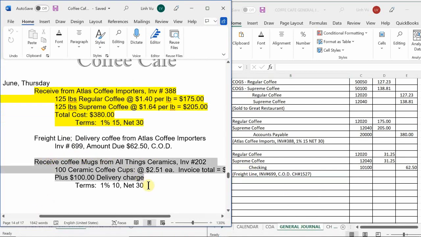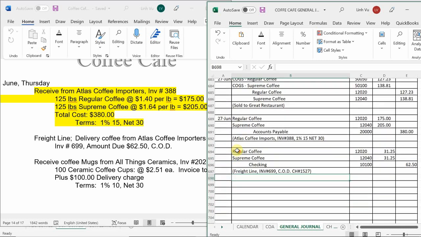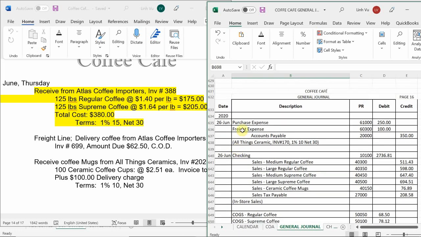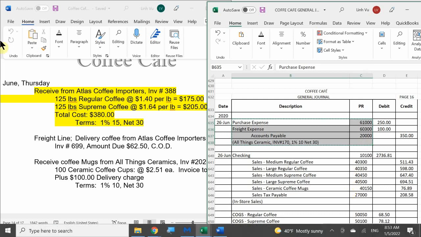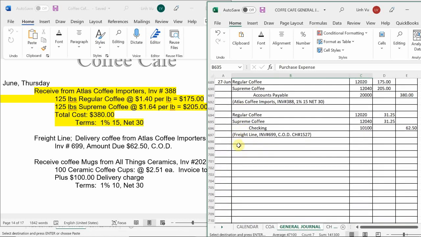We also received our 100 ceramic coffee mugs. Okay. All right, and these ones are $2.51 each. Okay, so in this case, the coffee mugs.